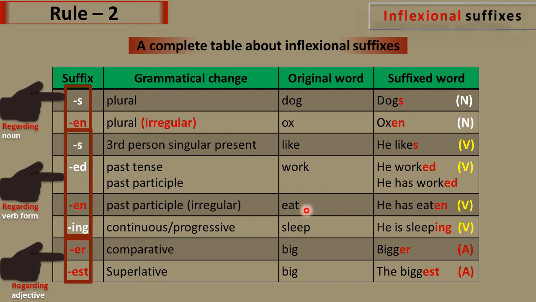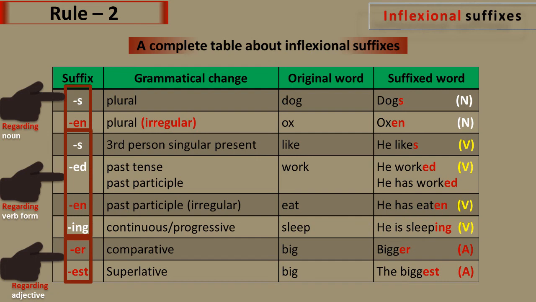By adding en to the root word, you can form eaten. The stress on the root word is on the same syllable, and eat is monosyllabic. Even in eaten, the stress is on the same syllable, that is eat, and this en cannot affect the stress of the root word.